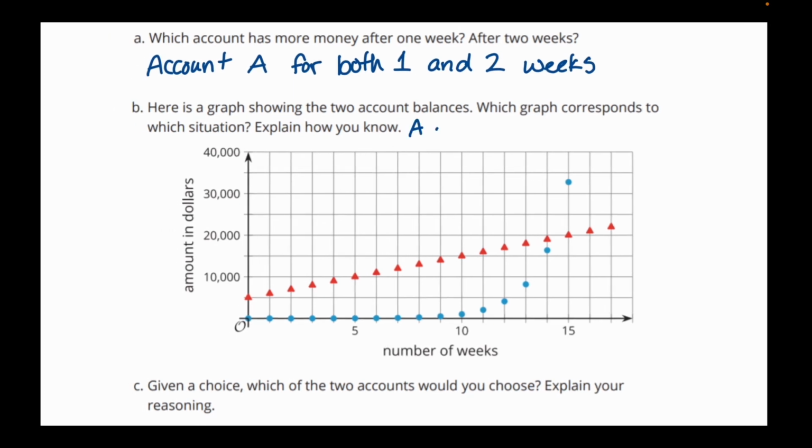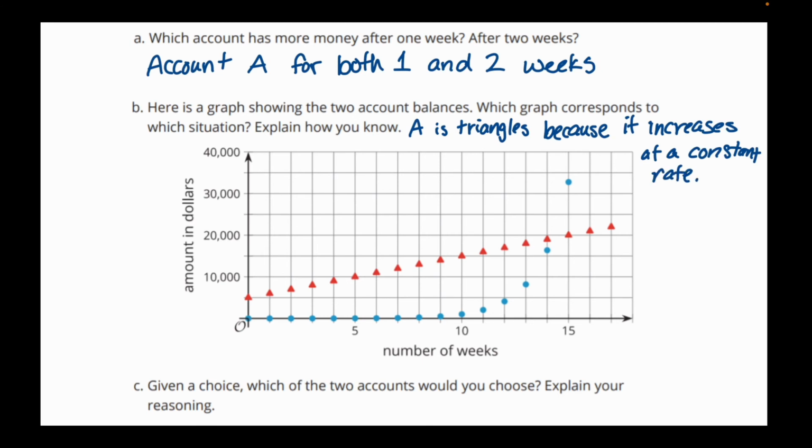we'll say A is triangles because it increases at a constant rate.